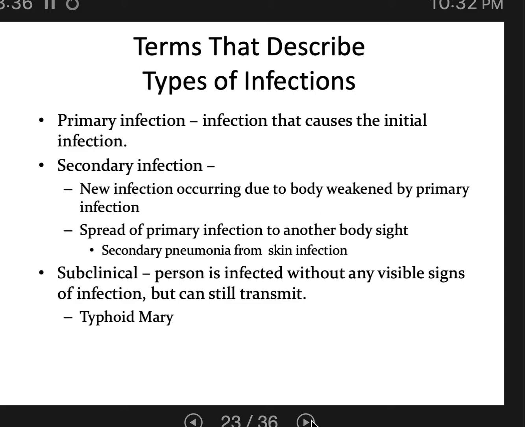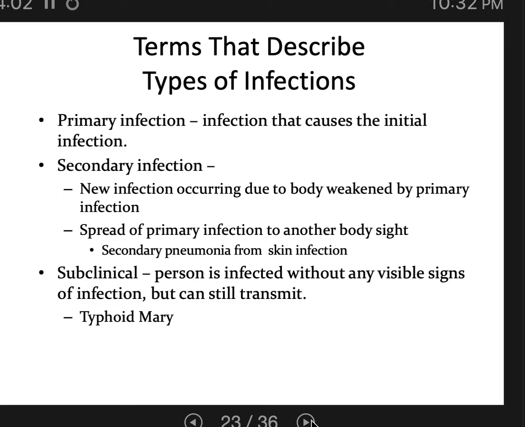So here are some terms that describe types of infections. A primary infection is basically the first infection, the pathogen that causes the initial infection. So a primary infection can knock back your defenses, right? And then a secondary infection is a new infection that occurs because of the body's weakened immune system.